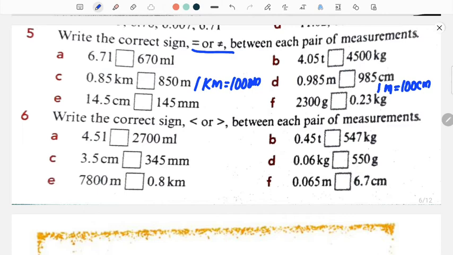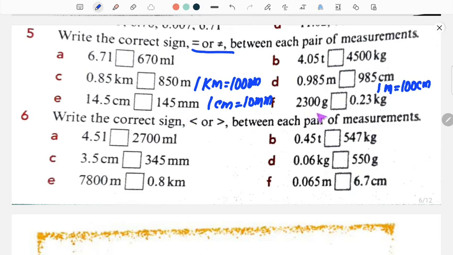And 14.5 centimeter and 145 millimeter. Change millimeter to centimeter. 1 centimeter is equal to 10 millimeter. So divide millimeter by 10. To change millimeter to centimeter, divide by 10.